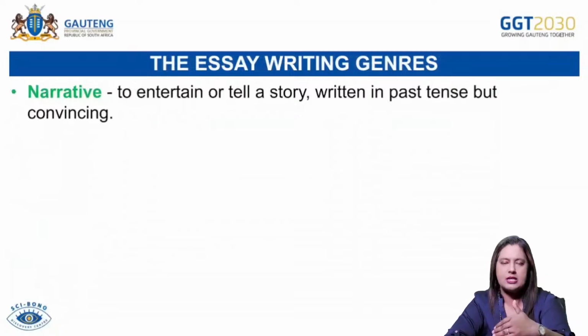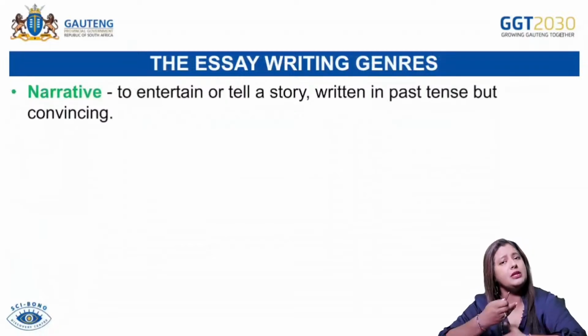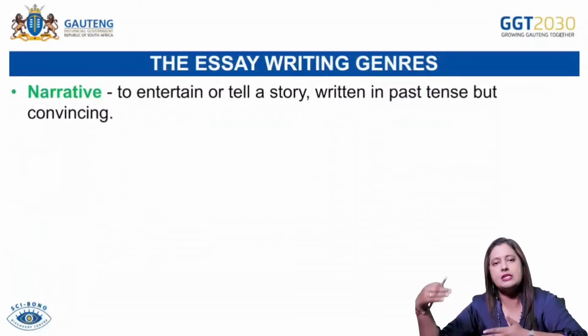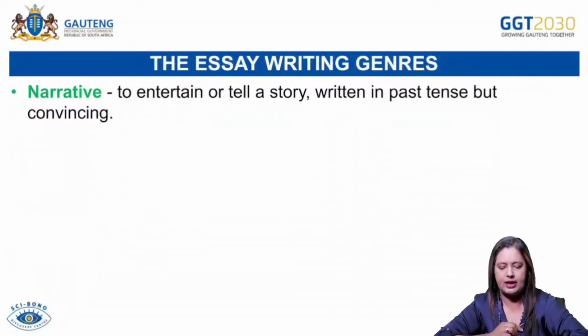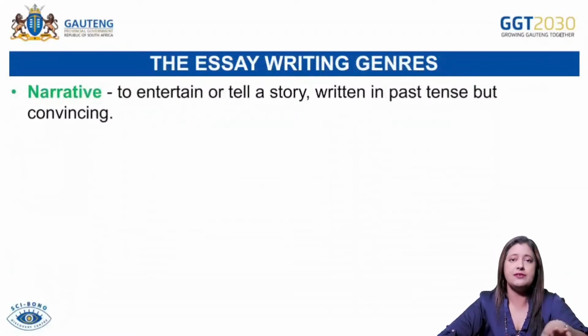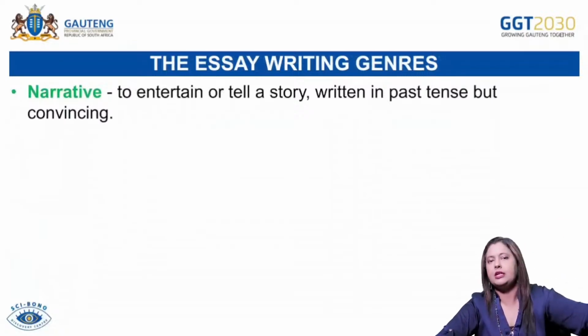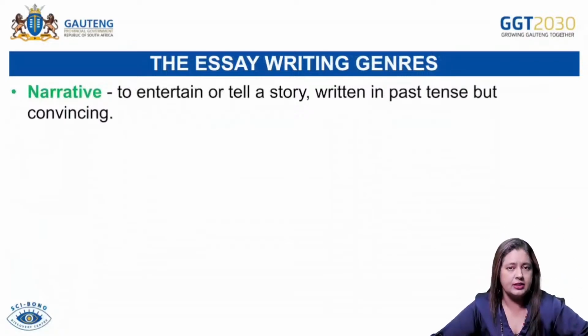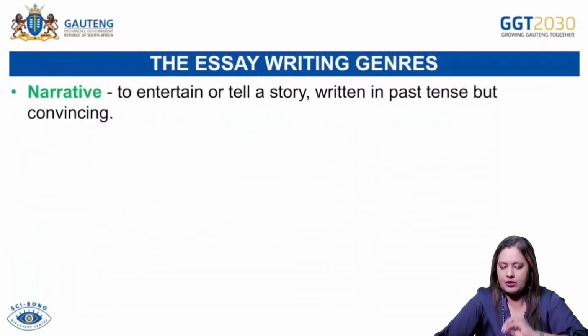It's written in the past tense because it has to be more convincing, and it's the experience that you've had or an experience that somebody else had. All right. So a good story that you can create even out of a completely different realm altogether is totally fine. All right. But just make sure that it is making sense.